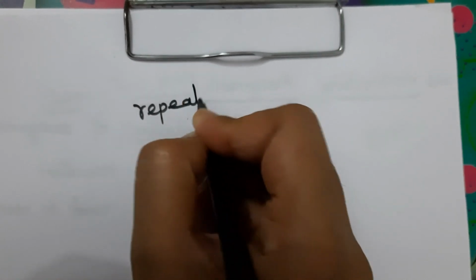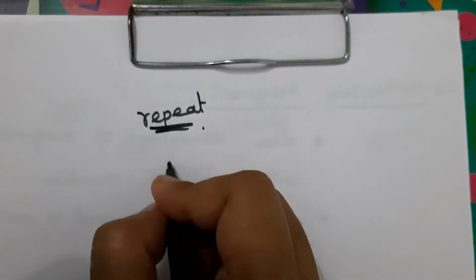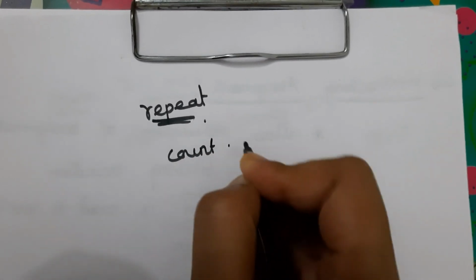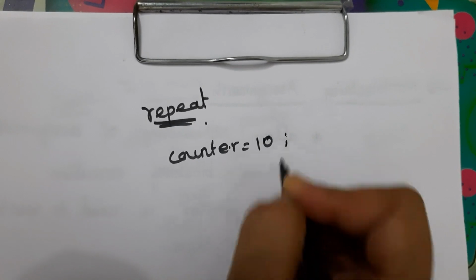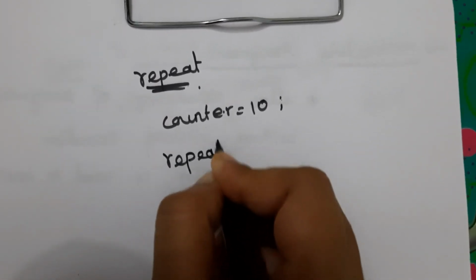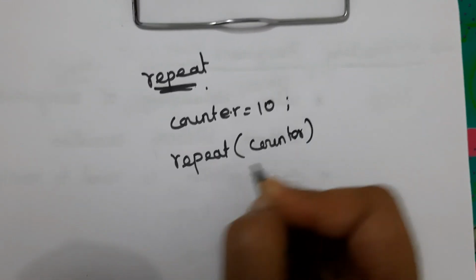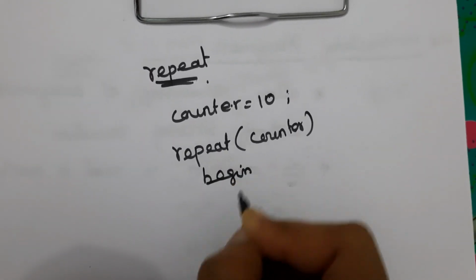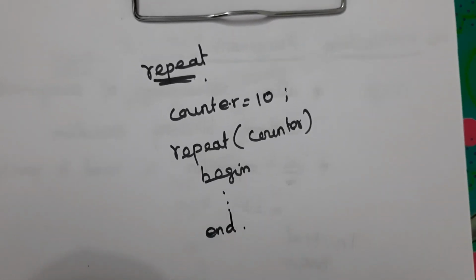So the next statement is repeat. So first initially we mention this counter is 10. Then repeat works as repeat counter, and we just begin this block, give the function of that circuit and end.